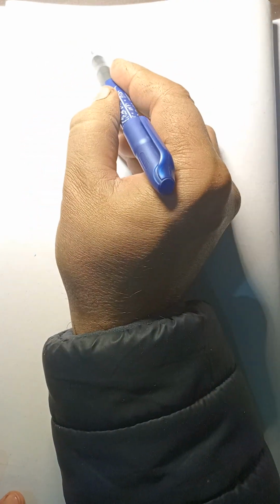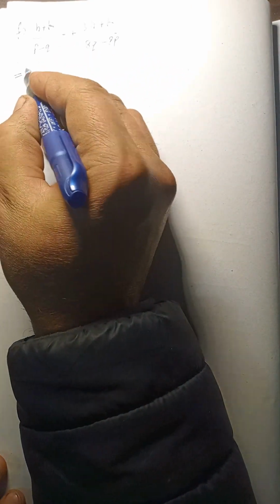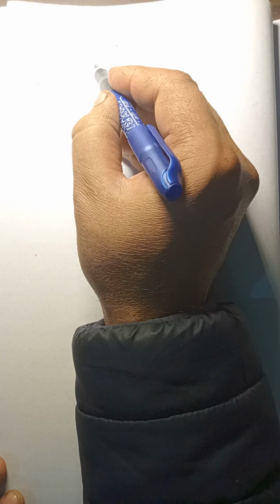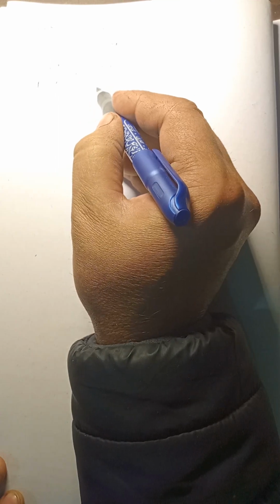P minus q and 8q minus 8p. We need to simplify it first. H plus k over p minus q and plus 3h plus k over, take 8 as common, q minus p.